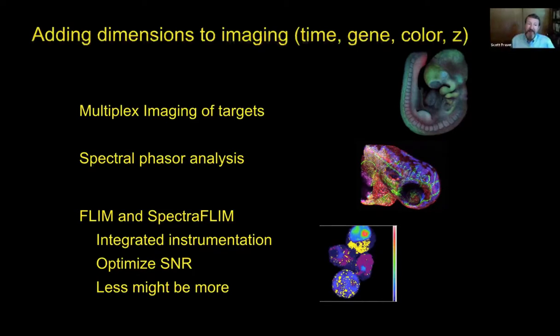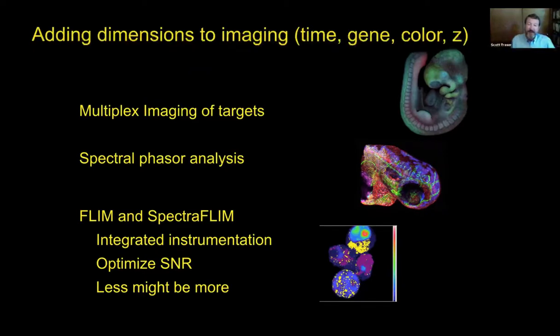I showed you a little bit about the spectral phasor analysis and showed you our ability to separate out multiple labels, even if we're only looking at 4 spectral bands. And then at the end, I showed you the ability to use lifetime and spectra in doing spectrofilm imaging.